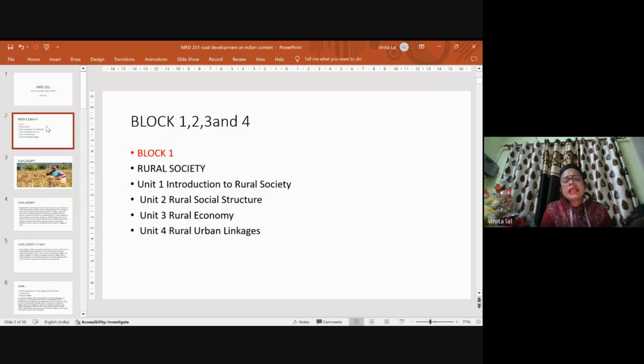So rural society means a society that lives in a village, dependent on the natural environment, and the rural economy rests predominantly on agriculture and allied activities. These societies have a low density of population, intimate groups, and oral tradition. So rural societies are very rich in culture and tradition.